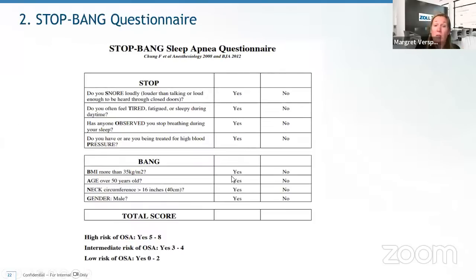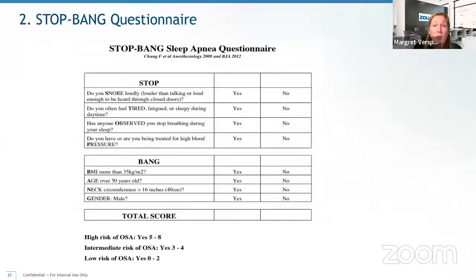What we see here, for example, is that when you are a loud snorer, or you have high blood pressure, and you have a high BMI and you are over 50 years old and you are a male, then you already have a high risk of OSA. So when you do the Stop-Bang, a lot of patients, especially men above 50 years old with some higher BMI or maybe taking medication for high blood pressure, already have an intermediate or high risk of OSA. Yes.